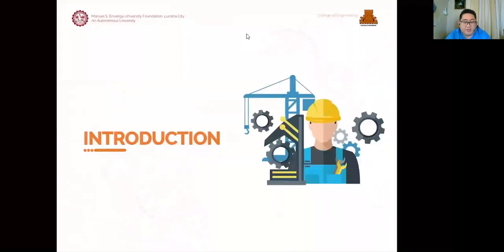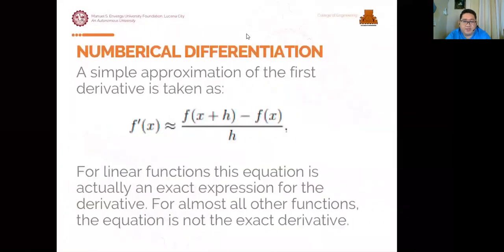So let's start with the introduction. Numerical differentiation, based on your differential calculus class: the first derivative is approximately equal to this formula, f of x plus h minus f of x over h.